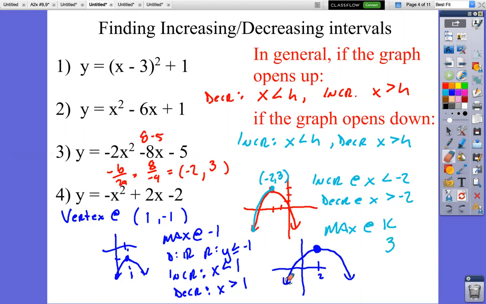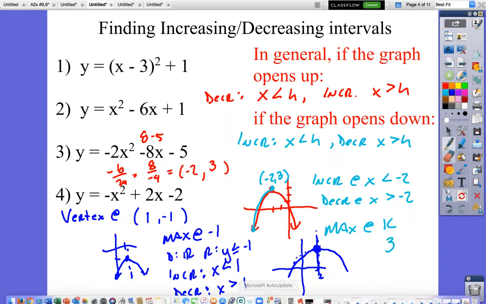If I erase the arrows, and I just want to look at the Y values, everything left of this value, my Y's keep going up, up, up, up, right? So they are increasing until it hits that H value. So everything less than 2, my Y values are increasing. So for instance, if I were at -10, it'd be way off the screen down bottom, right? So they're going up and up and up until it hits right here, which helps emphasize that maximum value.